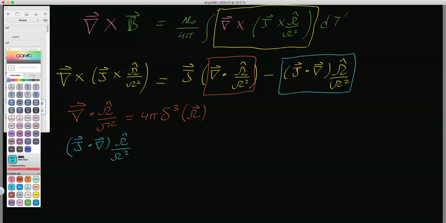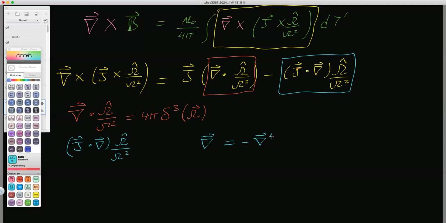Let's change our del. So notice that del is equal to the negative of del prime, right? Because if I want to change all of my variables like x to x prime, y to y prime, z to z prime, I just have a negative sign, right? Yeah, okay.